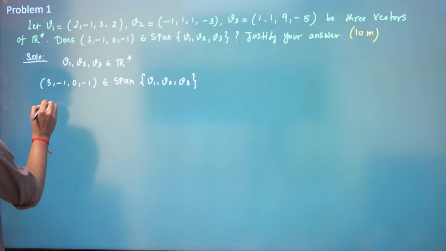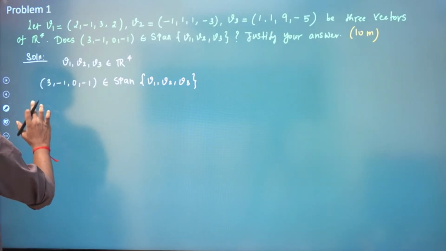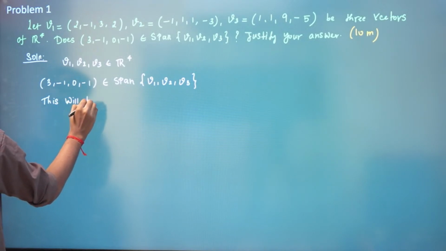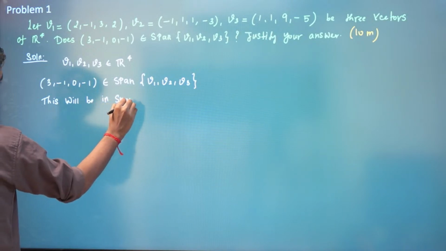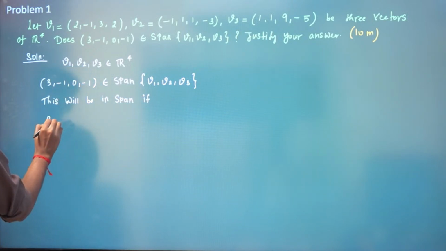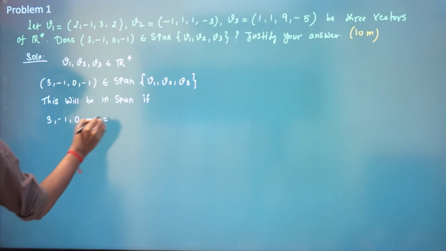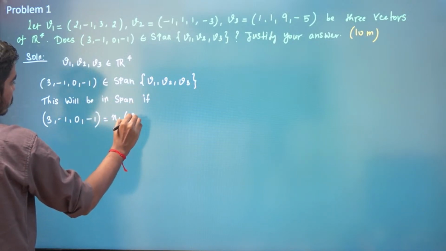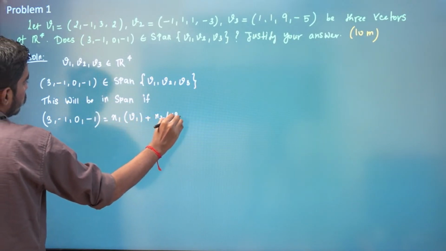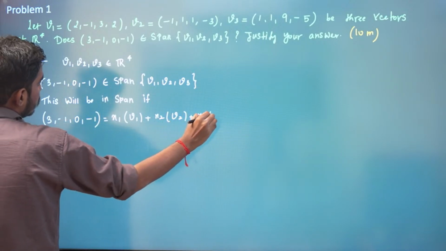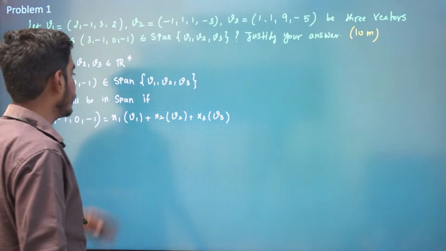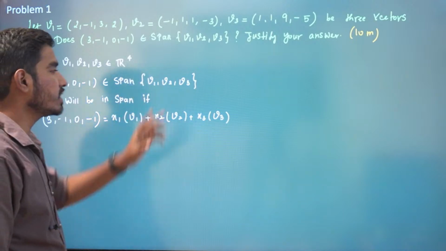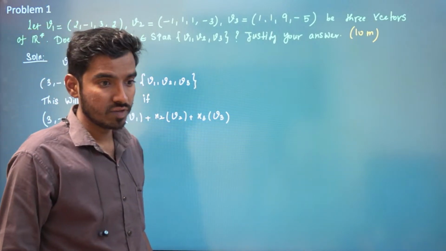That is, it will be in the span if there exist x1, x2, x3 such that this vector can be written as a linear combination of v1, v2, v3.